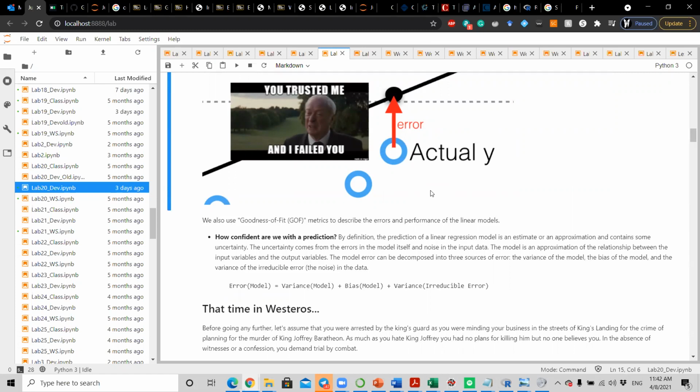We found alpha, we found beta, we did the fit, we used our goodness of fit measures, and we know everything covered up until the end of Tuesday's session. How confident are you with a prediction? And how do you base that confidence?